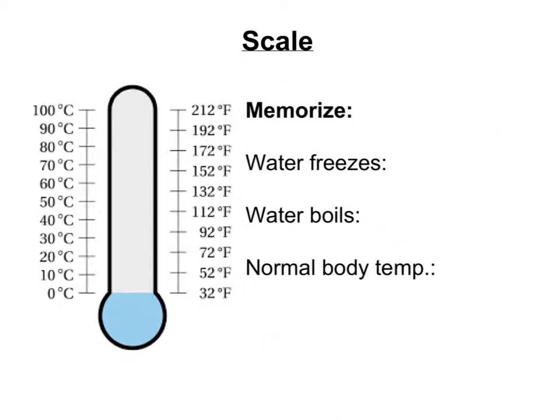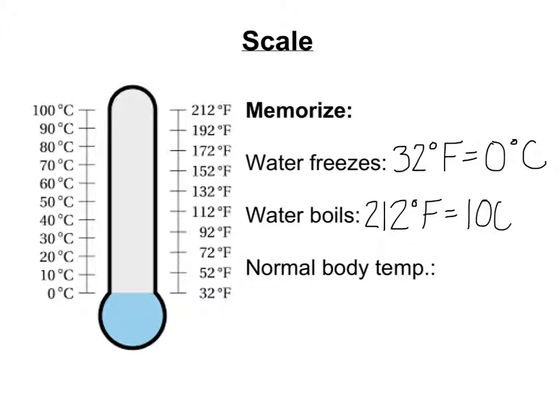When talking about temperatures, it would be good to memorize a few. For example, water freezes at 32 degrees Fahrenheit, which is the same as 0 degrees Celsius. Water boils at 212 degrees Fahrenheit, but at only 100 degrees Celsius.